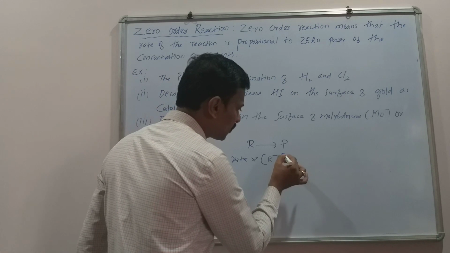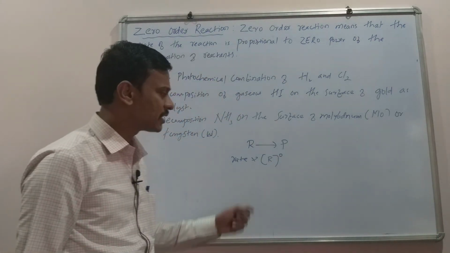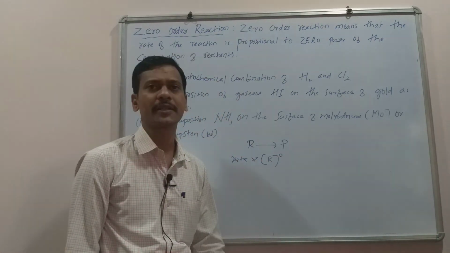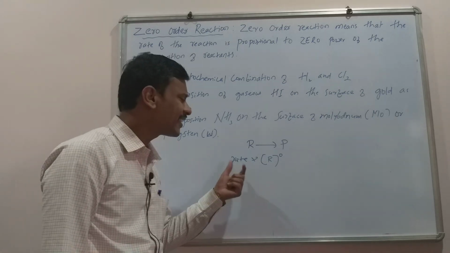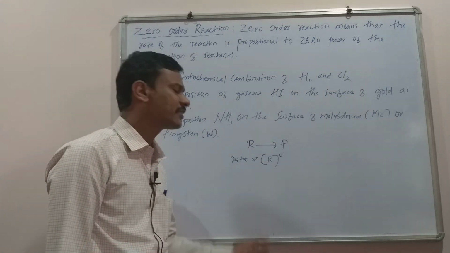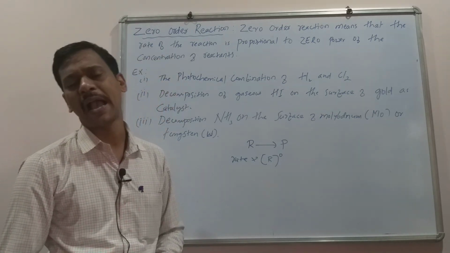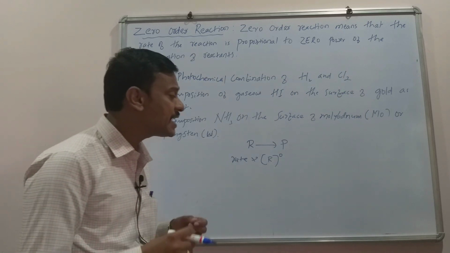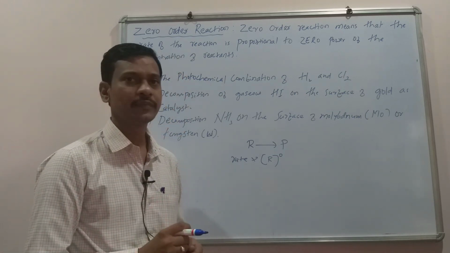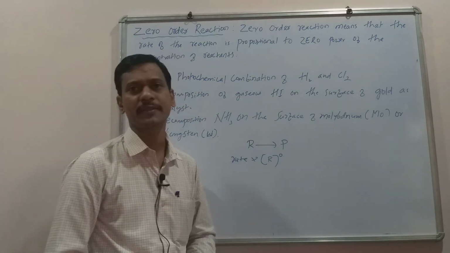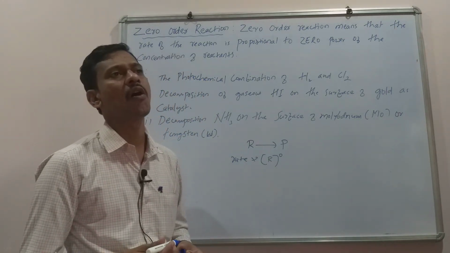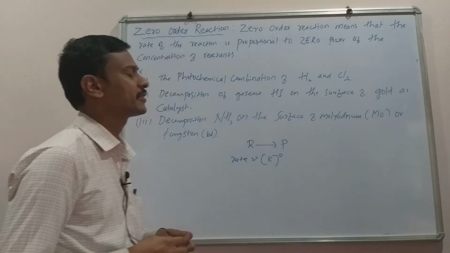If it is raised to zero, this is a zero order reaction. So what it indicates? It indicates that the rate of the reaction is independent of the concentration of the reactants, and such reactions are called zero order reactions.